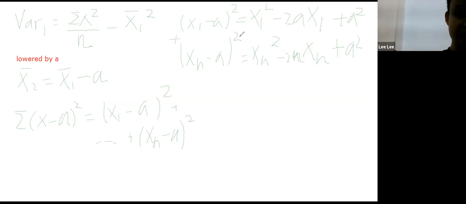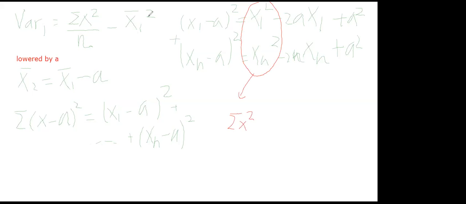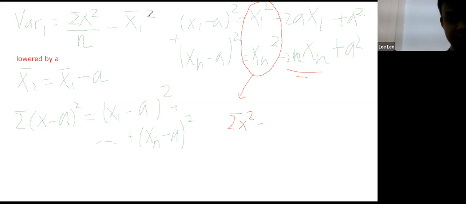So when you add the x1 until xn squared, I can call it sigma x squared, because it's the normal x squared being added. The second group, I can take out the negative 2a, factorize, leaving x1 added until xn. You understand?